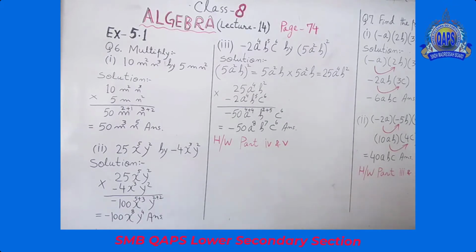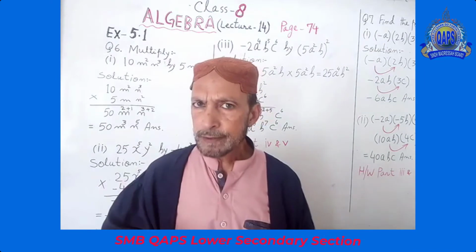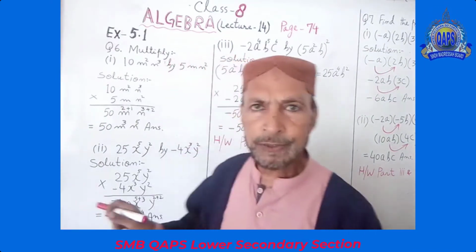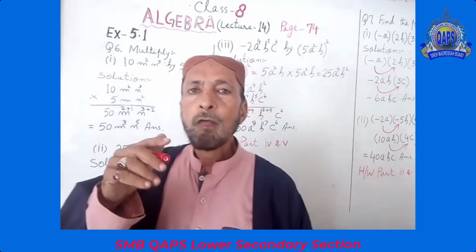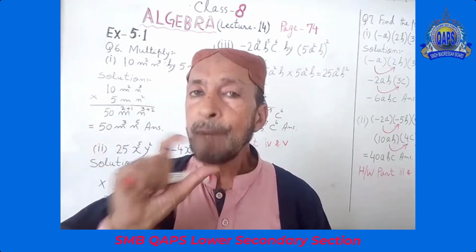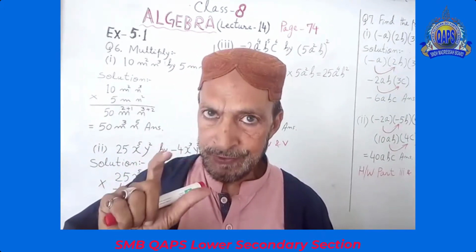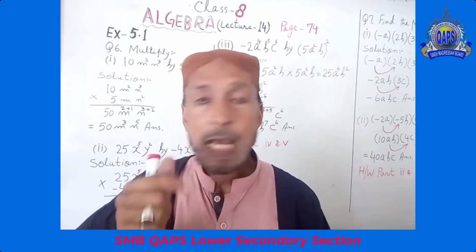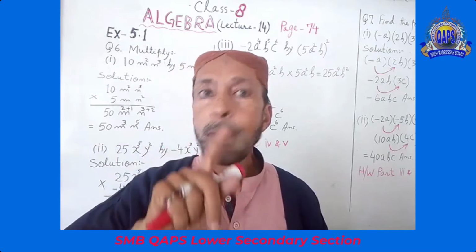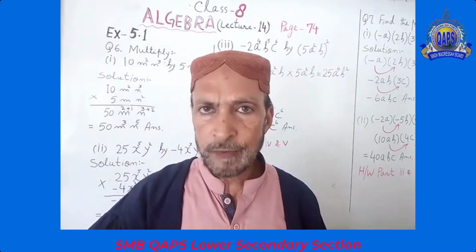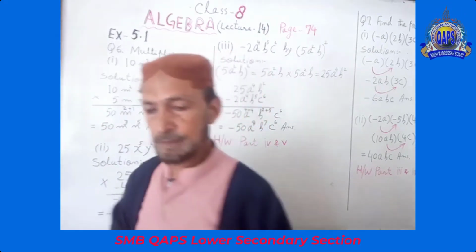Answer. Do you understand? How did I do it? Remember this thing. When we multiply, the powers will be added. You will have to remember this thing. And when minus will be multiplied by plus, answer will be in minus.